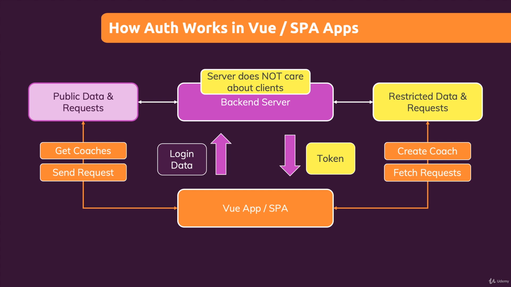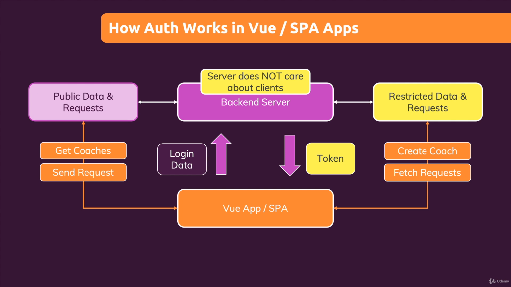Now, the thing about this token is that it's created such that only the server is able to validate it. Only the server will be able to tell if a token is valid or not, because it was generated with a certain secret key which only the server knows. So this token can't be faked.